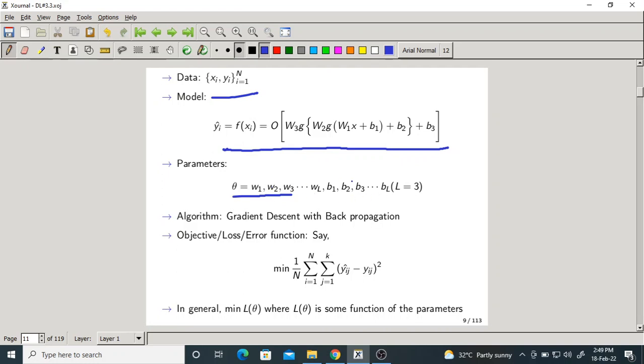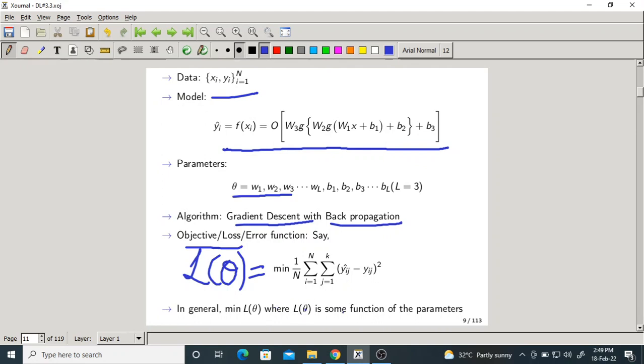They are weights and biases. Here we use the same gradient descent but with back propagation, which we will discuss later. What is the objective function? You can say L of theta, which is the sum of the squares of the errors.